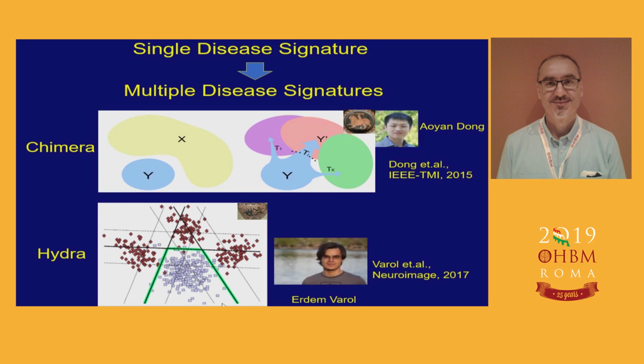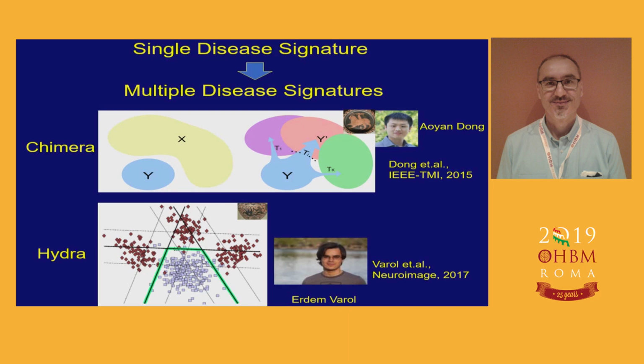And the other one is similar in flavor, but is more discriminative. The control group is separated from the patients via a convex polytope that uses the hinge loss function, similar to what is used in support vector machines, and it uses an expectation maximization method to simultaneously or iteratively estimate the clusters and the separating hyperplanes.